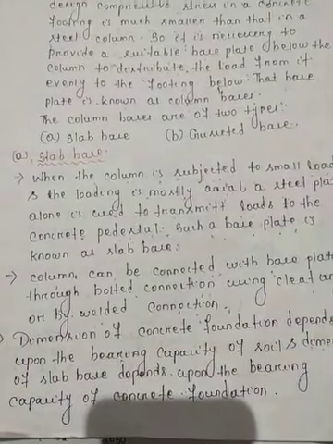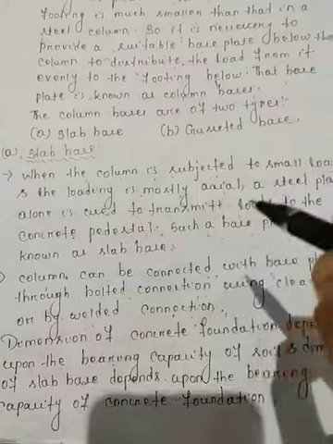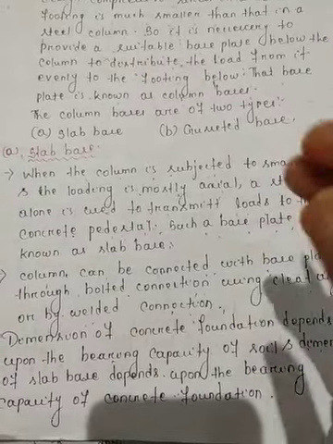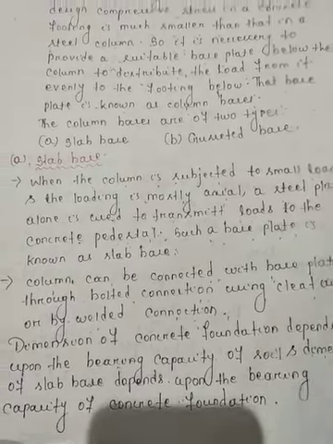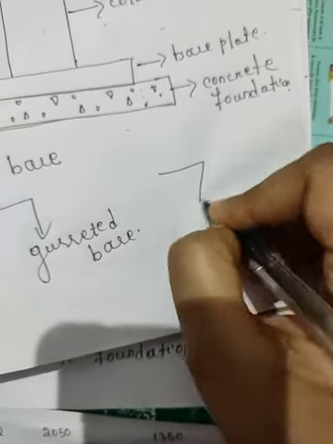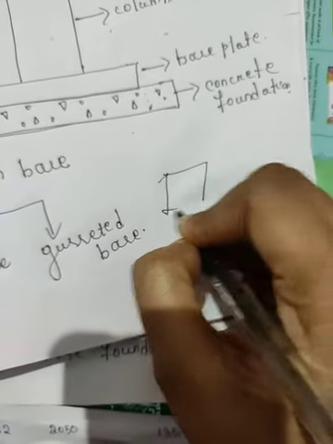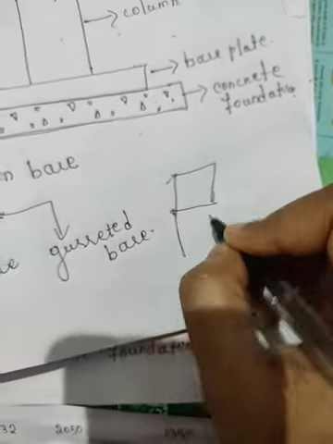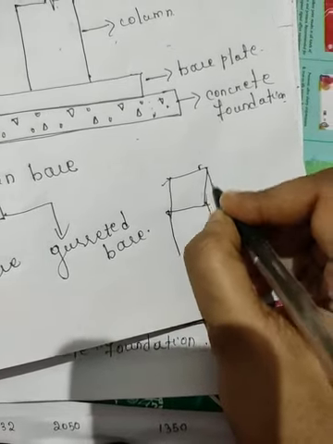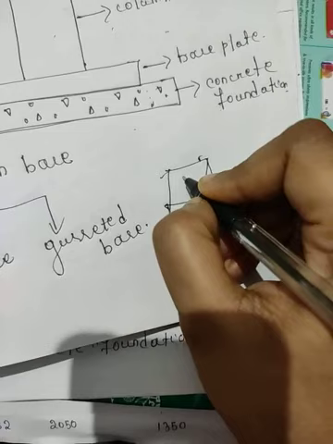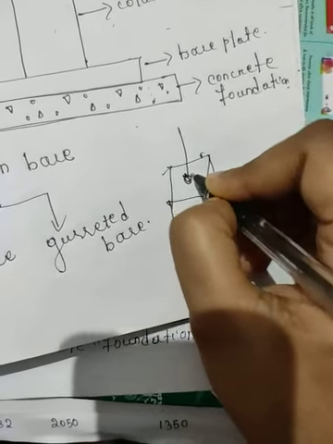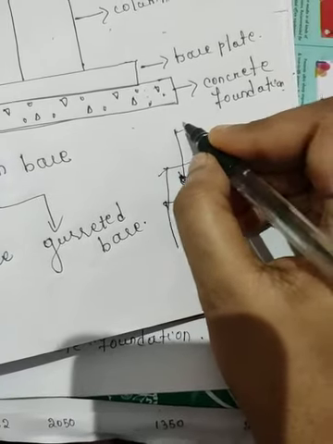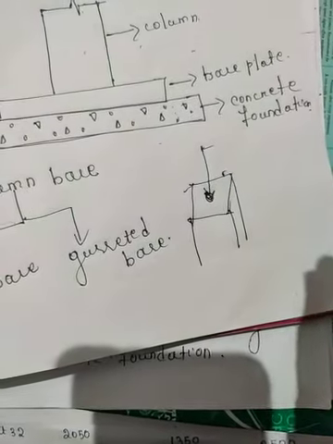So when a column is subjected to a small amount of load and the load must be axial, that means let this be a column section, and let this be the center of the column cross section and the load is coming at the center, then it is a completely axial compressive force.